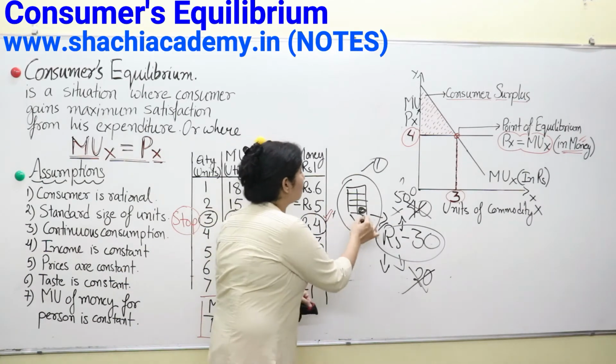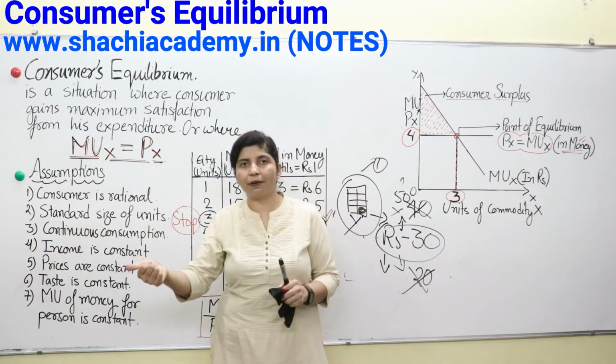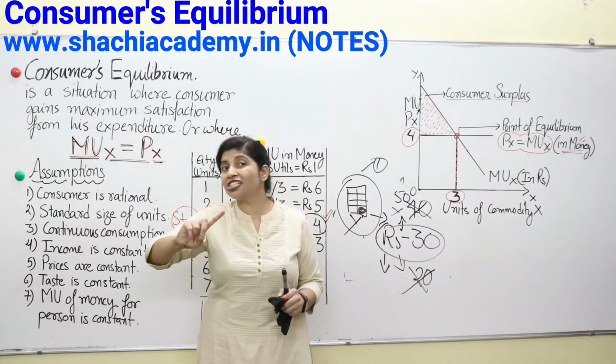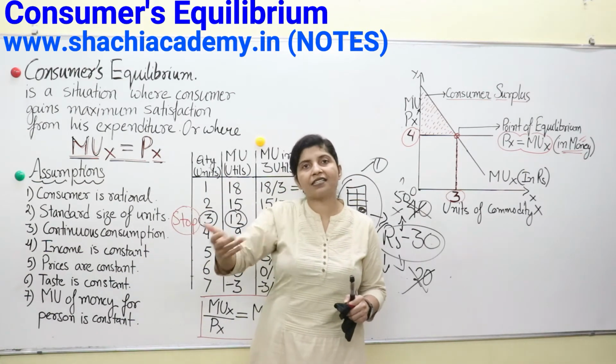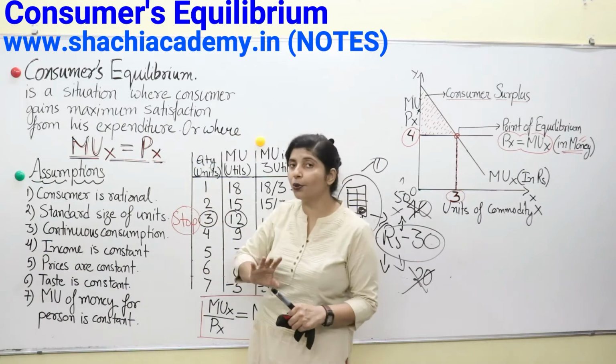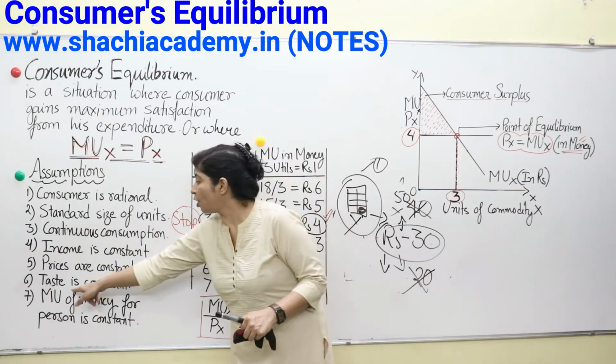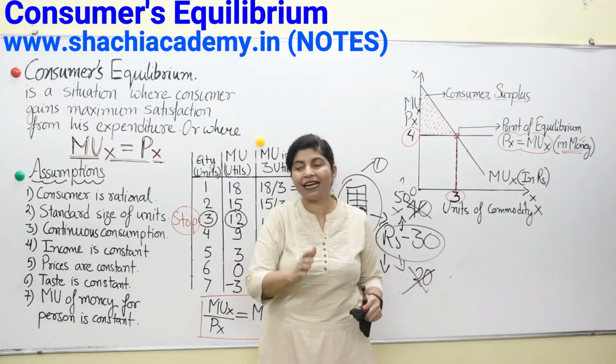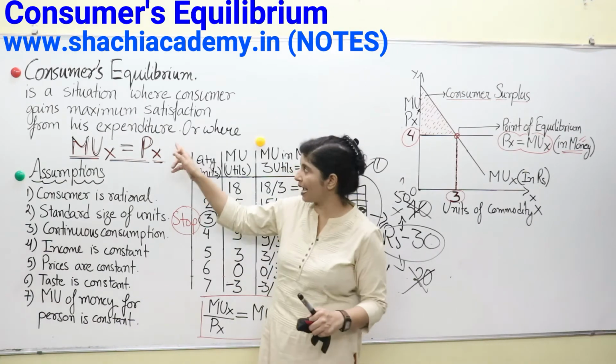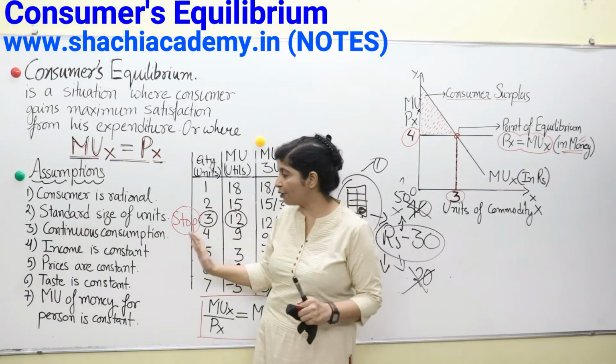You will give up this chocolate and go for that particular commodity. That means your taste is shifting or changing, and this law will not hold true. So your taste should not change and should remain constant as it was at the time of consumer's equilibrium. Then only it will hold true.